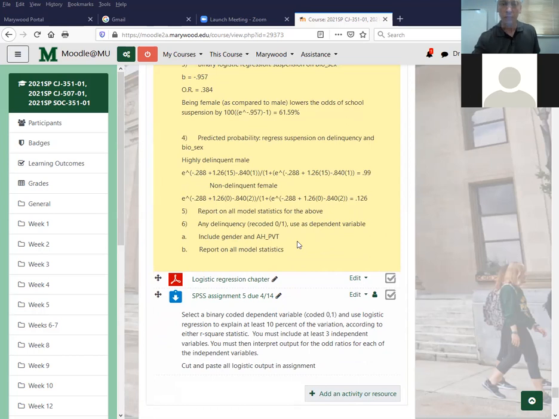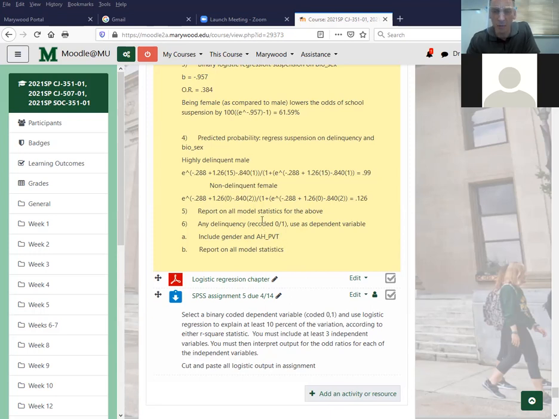Part 5 is where I would like to go first. I'm asking you to look at delinquency, recoded 0, 1 as a dependent variable, include gender and the picture vocabulary test, and report on model statistics.